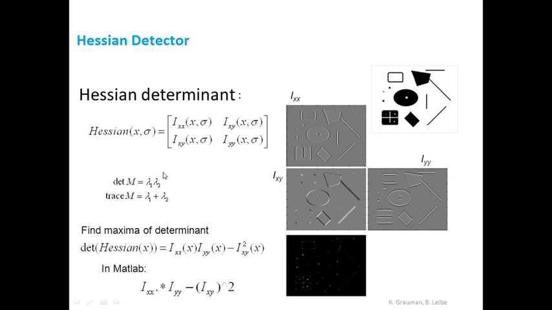The purpose of this Hessian detector is to eliminate false corner points, if any still exist after any of the corner detection techniques. So this is about the Hessian corner detector.